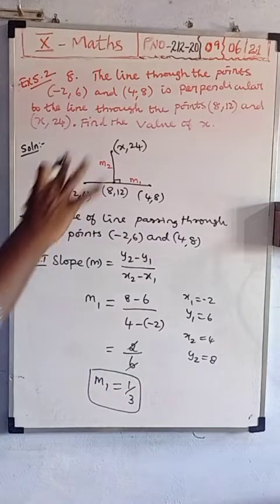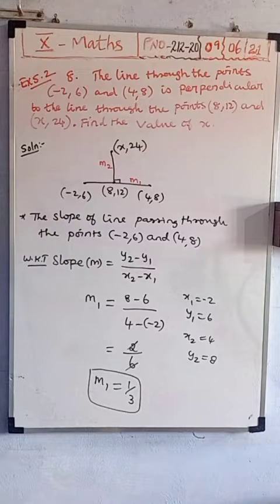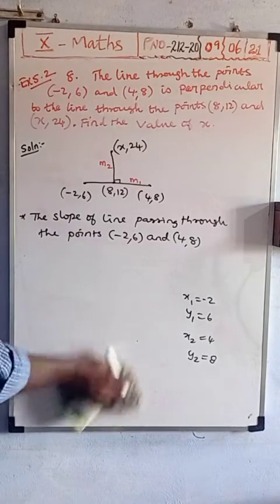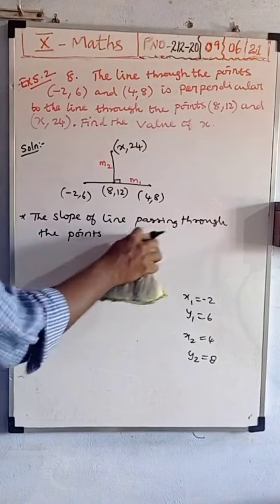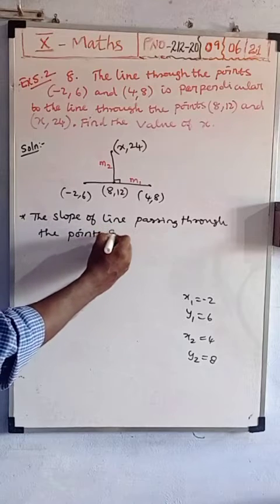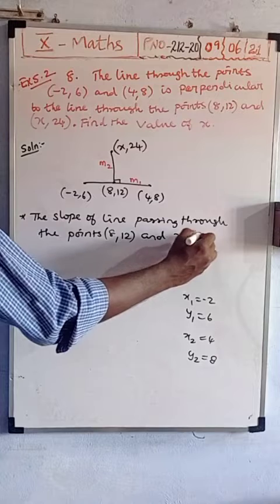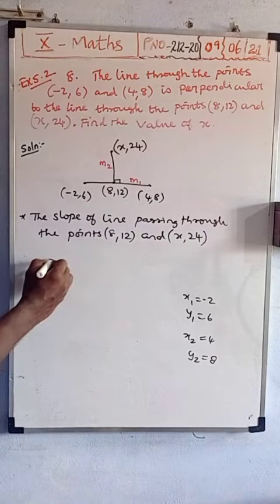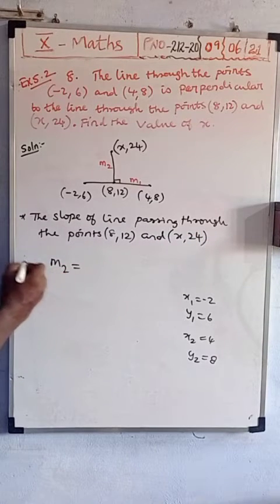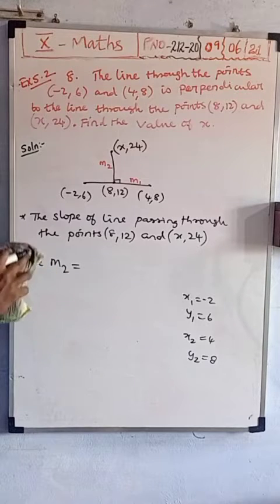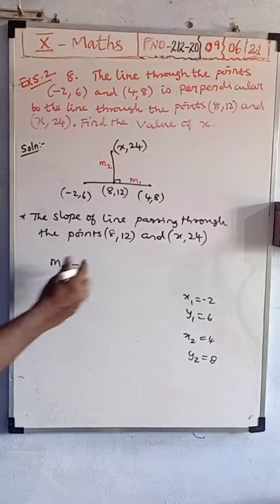Next, the slope of the line passing through the points (8, 12) and (x, 24). This second slope we call m2. First slope is m1, second slope is m2.